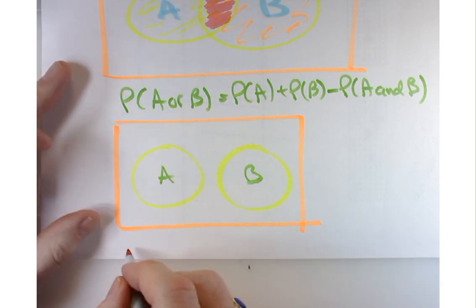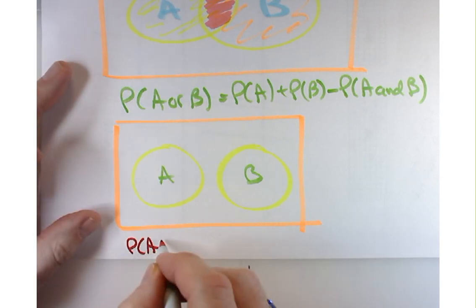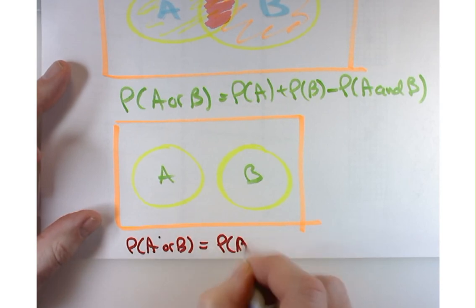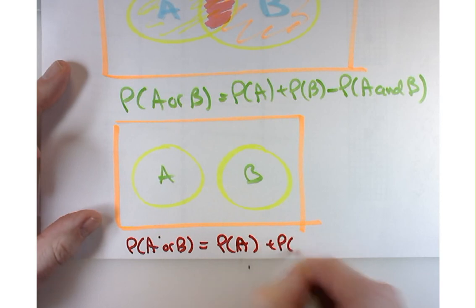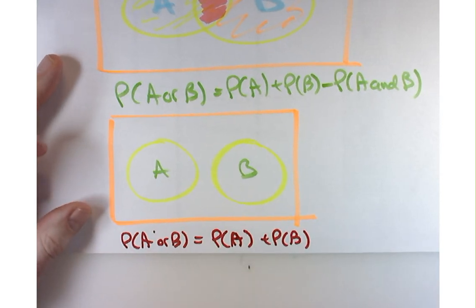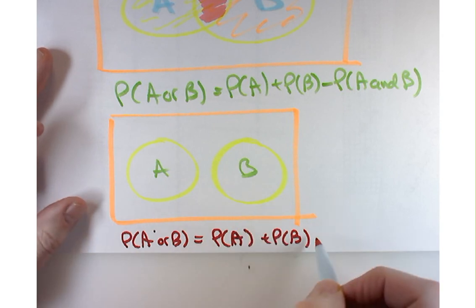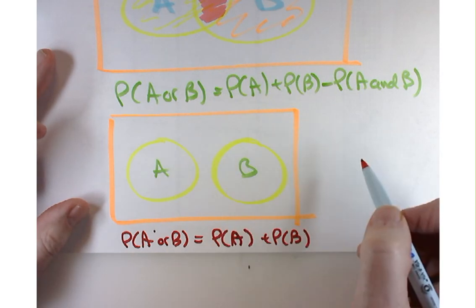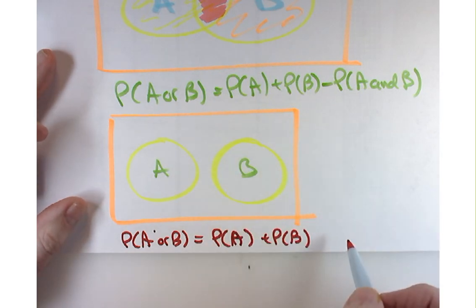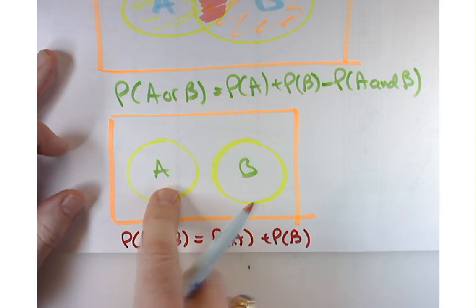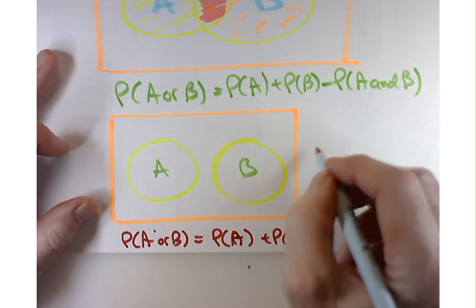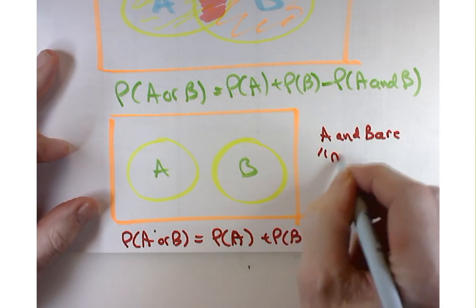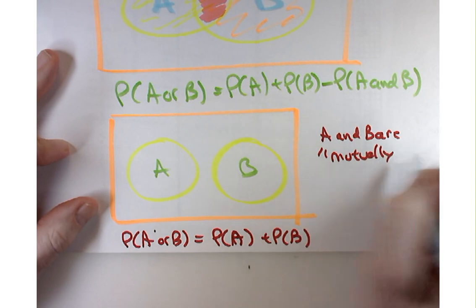So if I wanted the probability of A or B, this is going to be the probability of A plus the probability of B. Well, what's happening is that A and B can't overlap. There's no intersection, so that's it. That's all you're going to have to do for your calculation. When you have events like this, A and B are mutually exclusive.